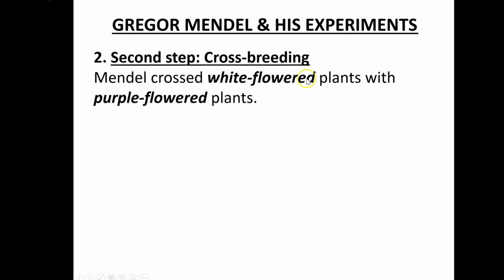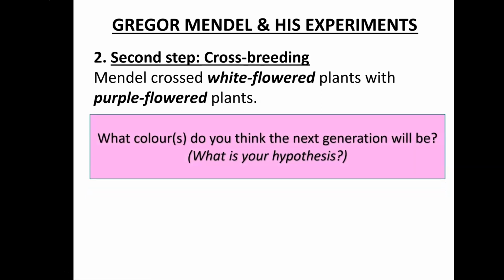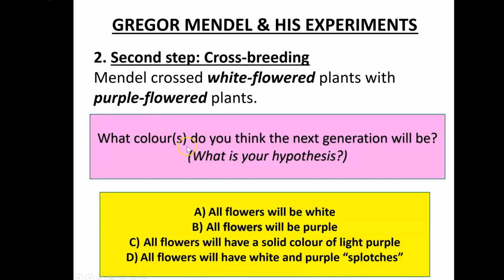So he crossed the white flowered plants with the true breeding purple flowered plants. And what colors do you think the next generation included? If you had white flowered plants crossed with purple flowered plants, what were the expectations? Do you think that they would all be white or all be purple?